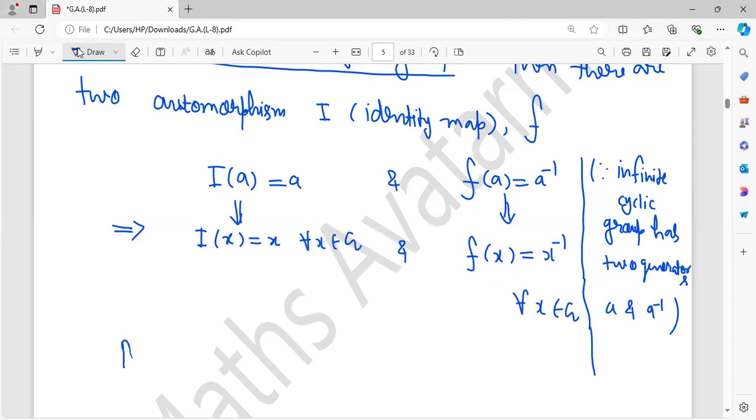So in the automorphism group of G, how many elements are there?